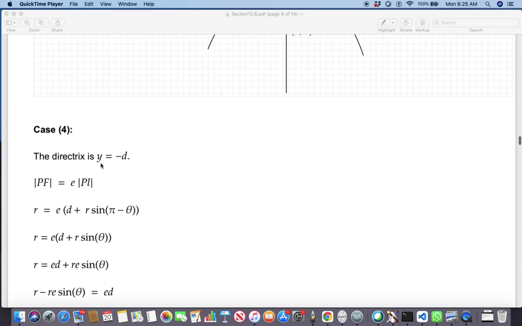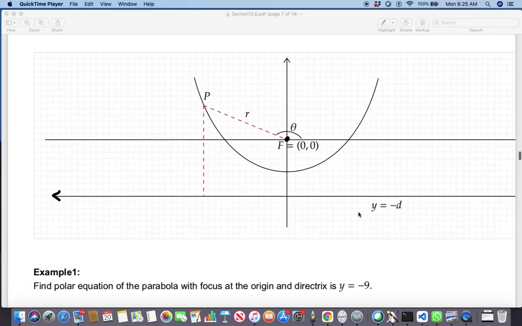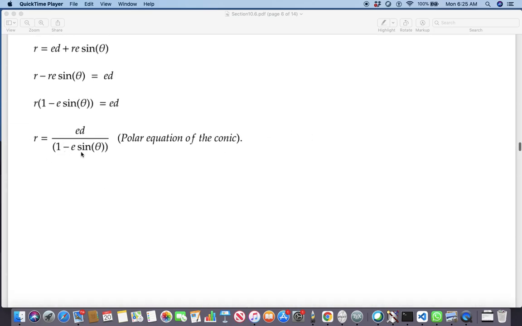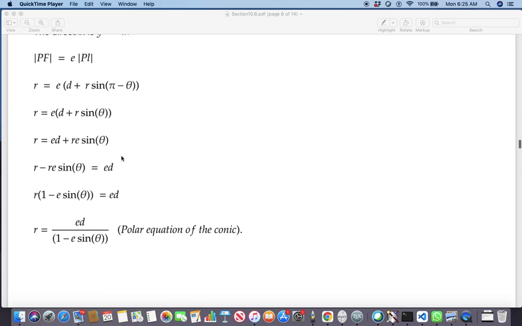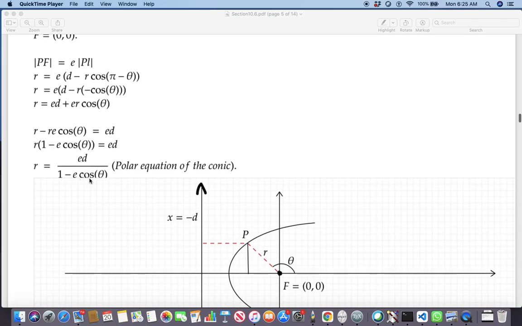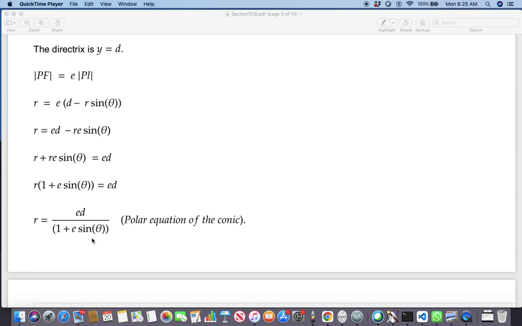On the other hand, directrix y equals negative d, line is below, curve is above the line. So notice where you had cosine earlier, now you have sine. That's the only difference. Here you had cosine below. Now you have sine.